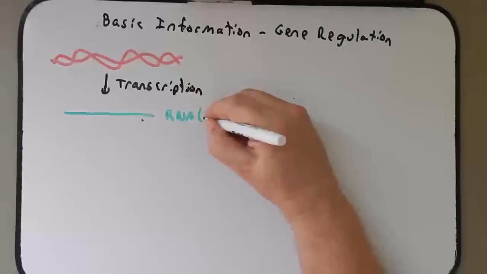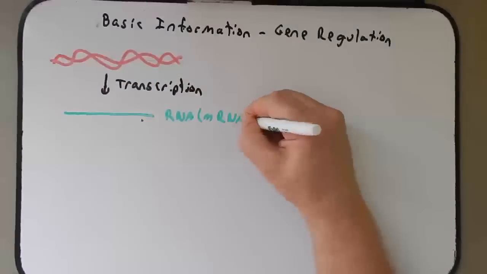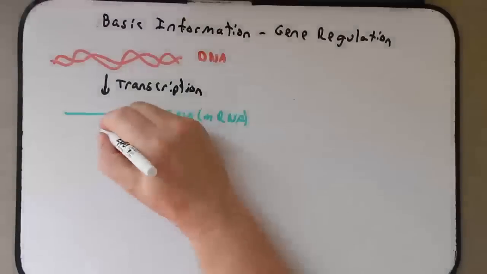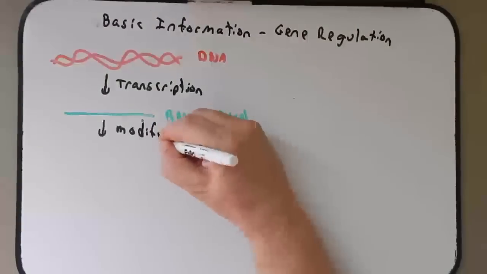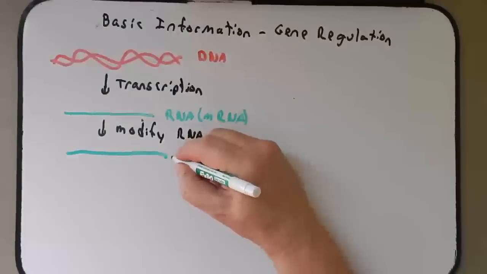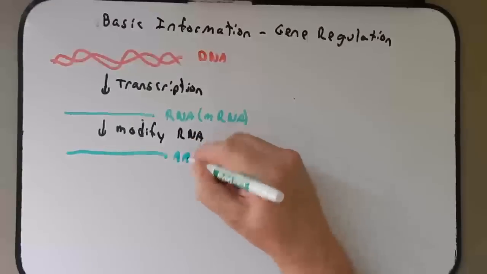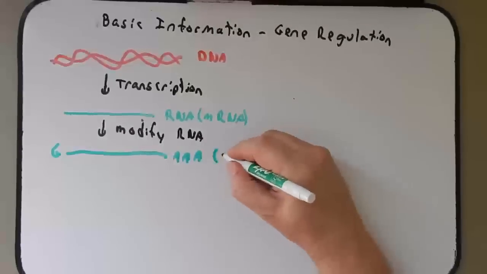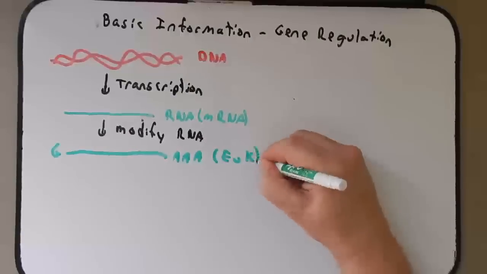And we've been focusing mainly on messenger RNA. But all RNA molecules are made through transcription. And then we also talked about modifying RNA, and mainly in eukaryotes. Now we have this modified RNA. And remember, we said before that it has that poly A tail with that G cap. And again, remember, this is only seen in eukaryotes.